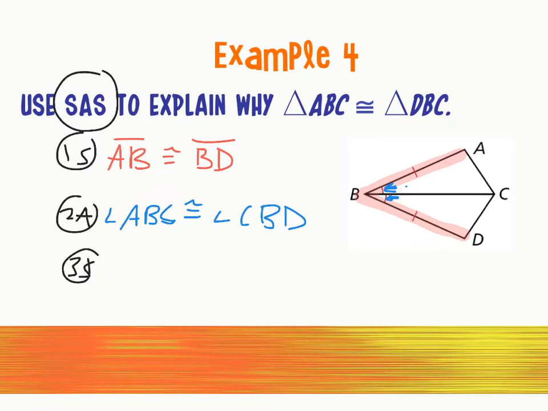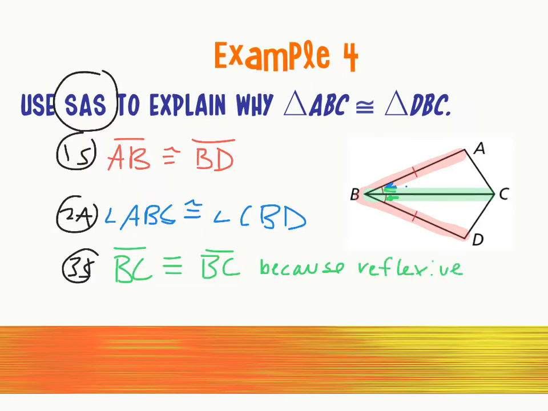And lastly, it's not given, but because these two lines are the same exact line, we know that line BC is congruent to line BC because of the reflexive property of congruence. So now we have our three things.